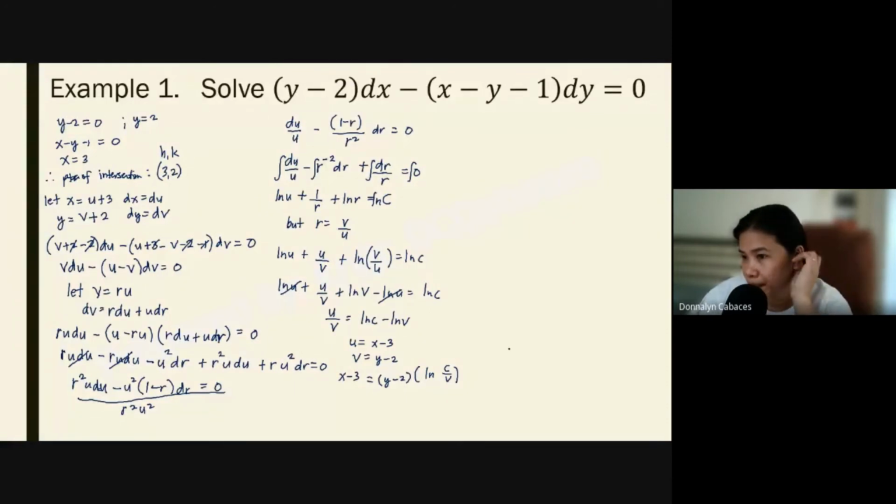Okay? Is the solution correct? Okay, so that is now our solution: x minus 3 is equal to y minus 2 times ln of c over v.